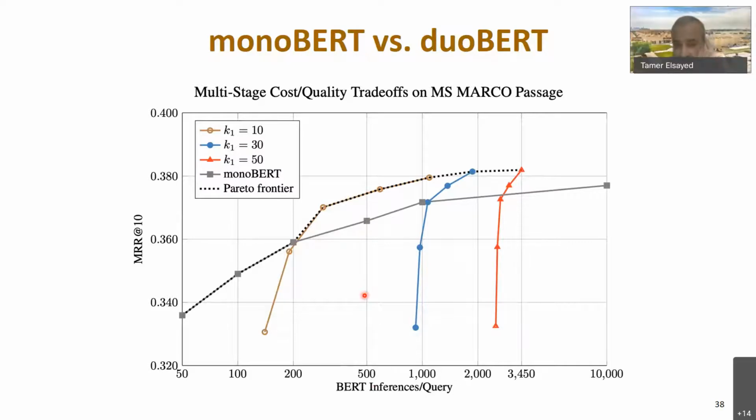But this point is using MonoBERT at what length of BM25 results? 500, right? This one is not 500. It's less than 500.